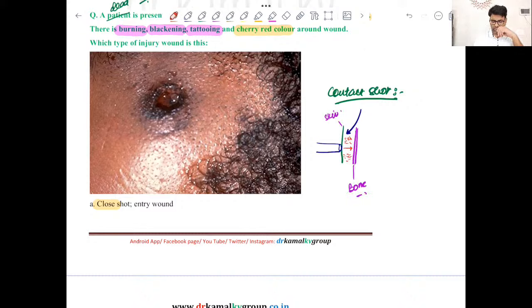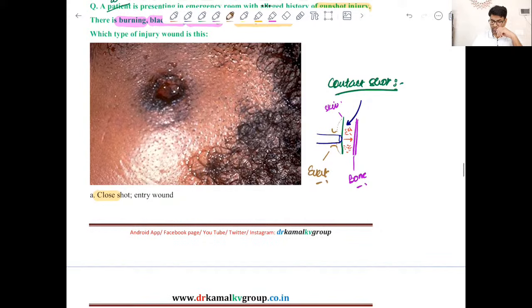And what they will do, they will lift the skin something like this, and that will evert the wound margins. So that is number one. But more importantly, they will create lacerations, and therefore the entry point will appear something like this. So this is known as a stellate shaped entry wound, right?